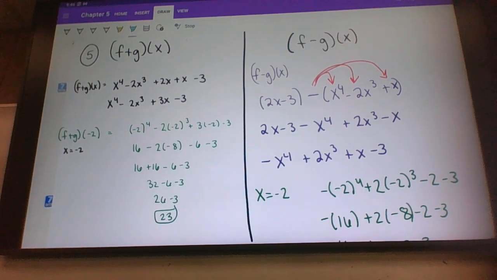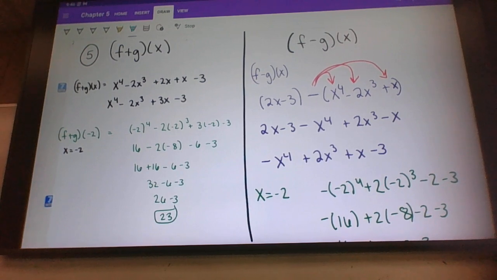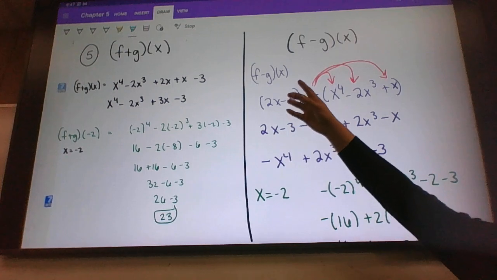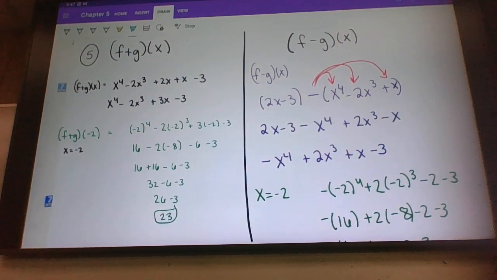That's not even all of them. Then I put the -2 in and see if we get the right answer. That's just number 5. That's the F function minus the G function. We still have 8 more problems to go.